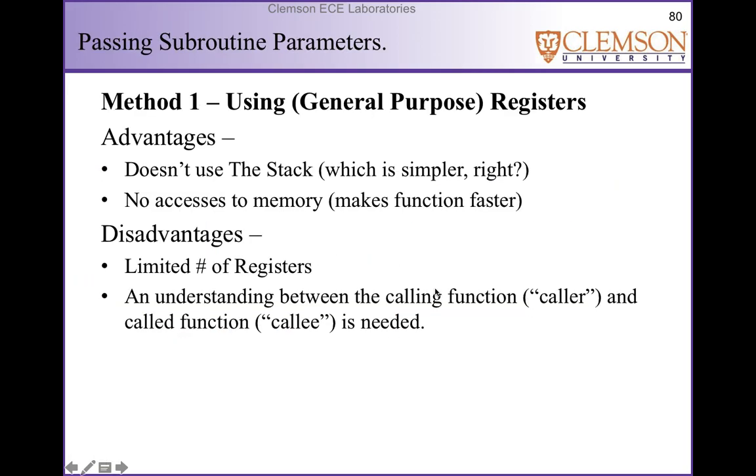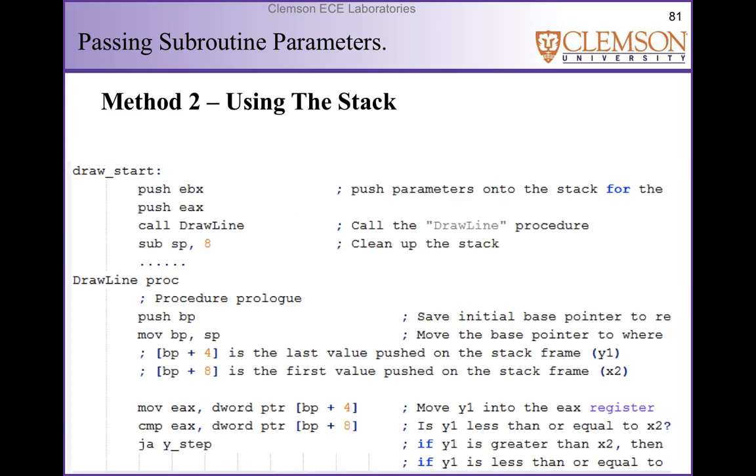In the Intel syntax, they did a sub 8 because you only had 2 parameters. So if you have 3 parameters, 4 times 3 is 12. So you manipulate the space by 12. You have 2 parameters, it's 2 times 4, which is 8.